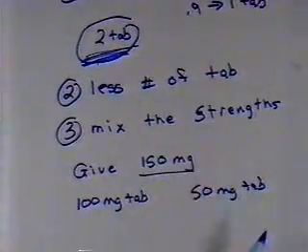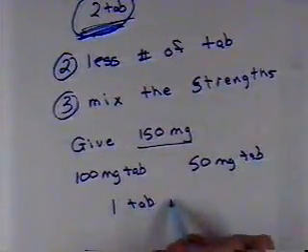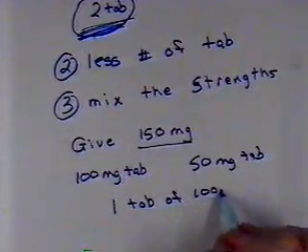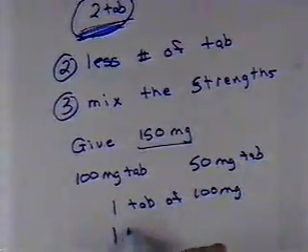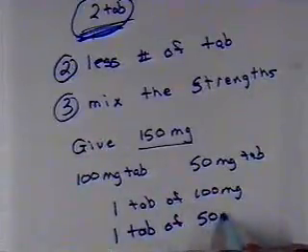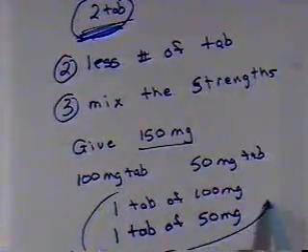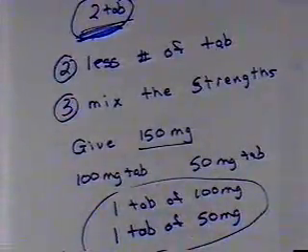To get 150, I could give 1 tablet of the 100 milligrams, and I could give 1 tablet of the 50 milligrams. So sometimes we are going to mix them up. We're going to take 1 from this bottle and 1 from that bottle.